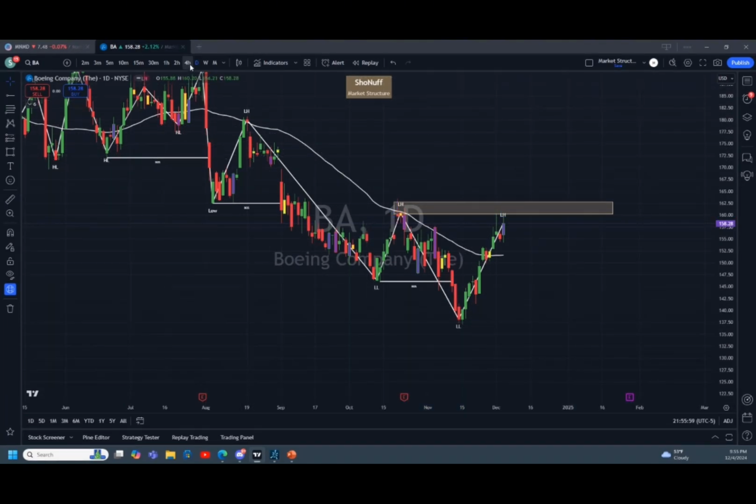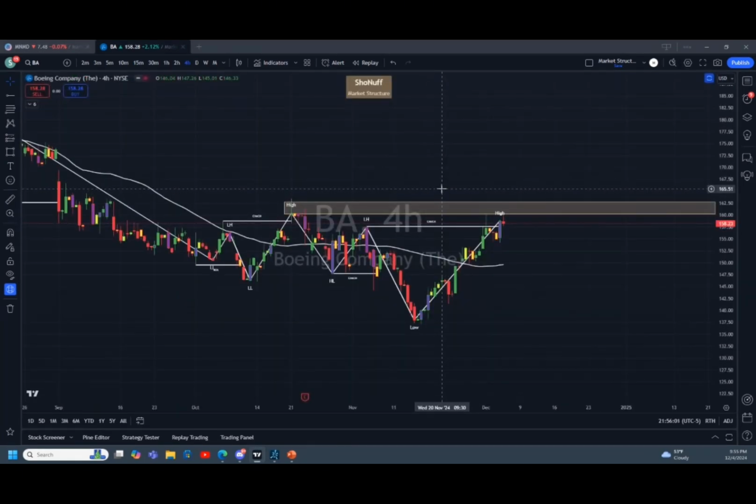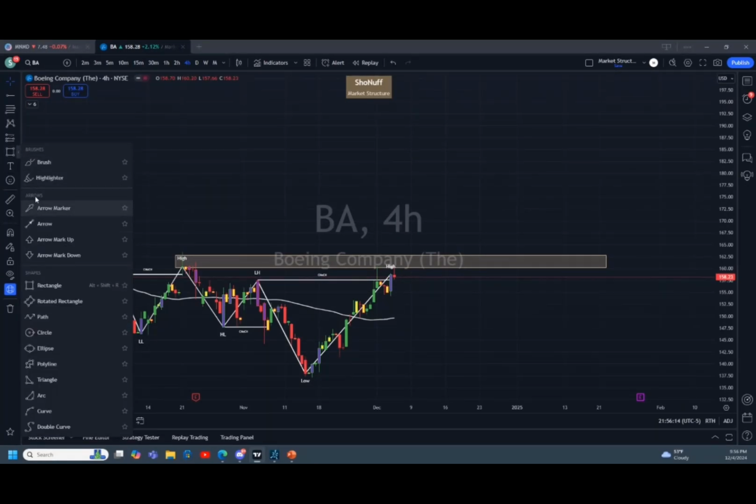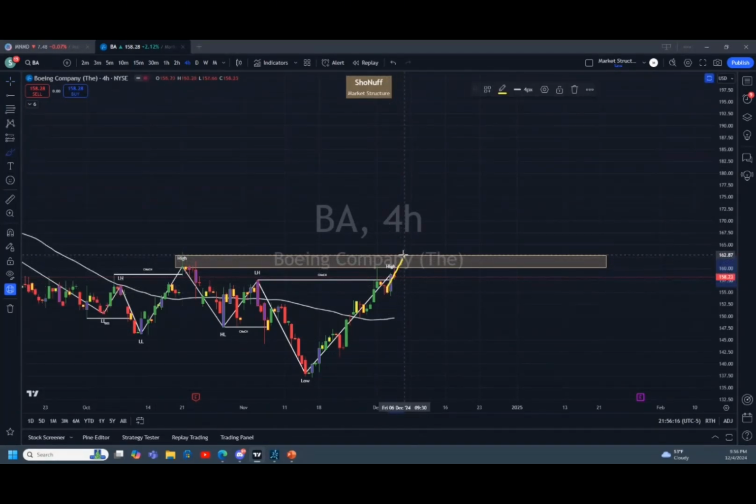Okay, so if I drop down to my 4 hour, now I'm interested in going long on Boeing, right? So if price starts doing this for me, I would like the price to go up in here, get rejected, come back down, 50 moving average, go higher.